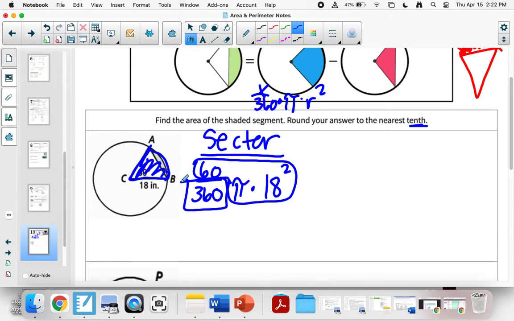And then to one decimal place, what do you get? 169.6. Yep, good. 169.6.